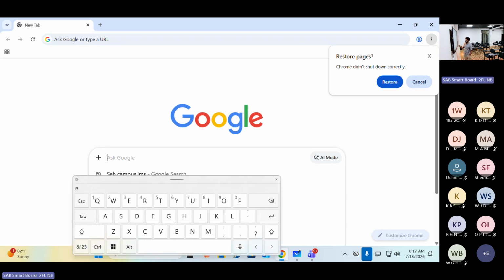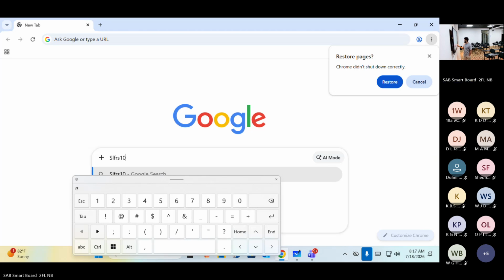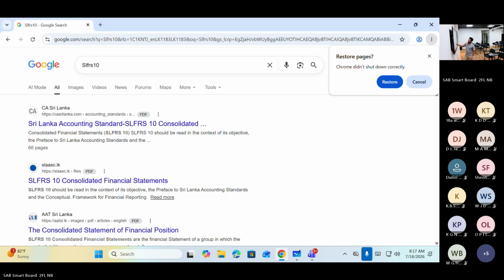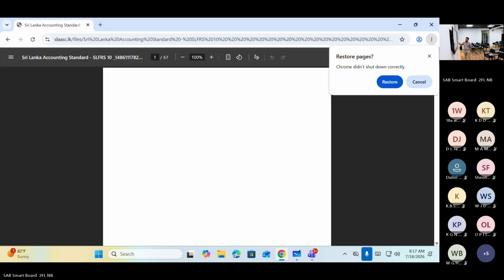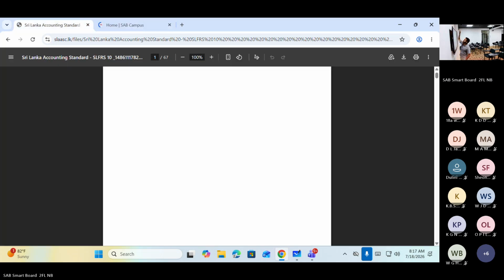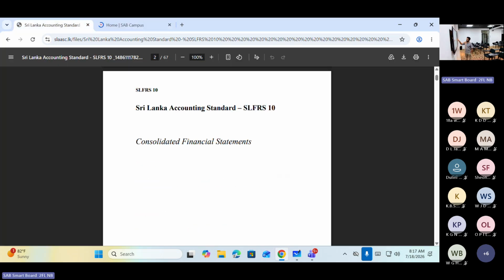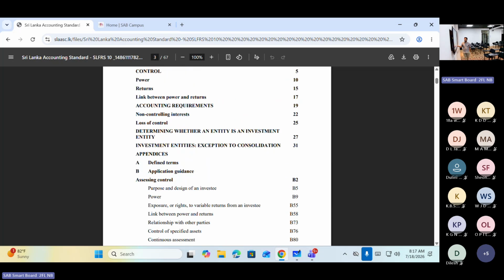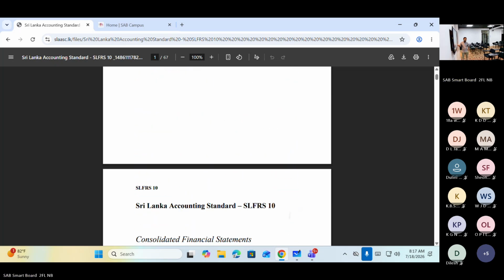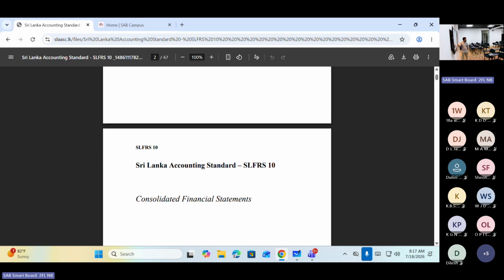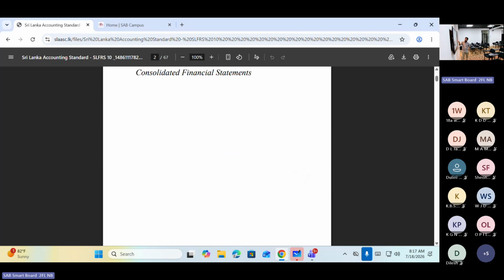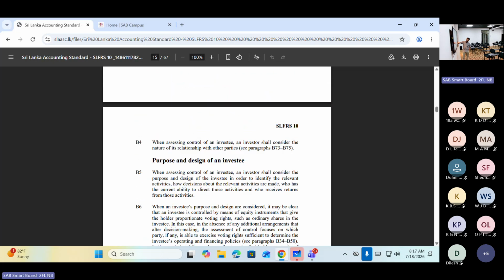The standard we refer to is SLFRS 10, which states consolidated financial statements, with a set of definitions.